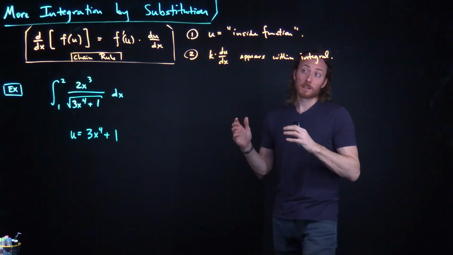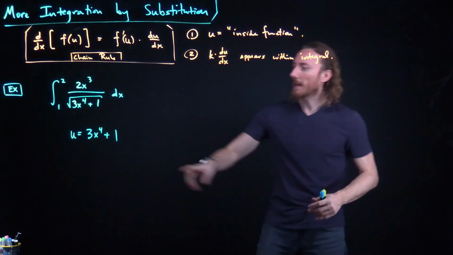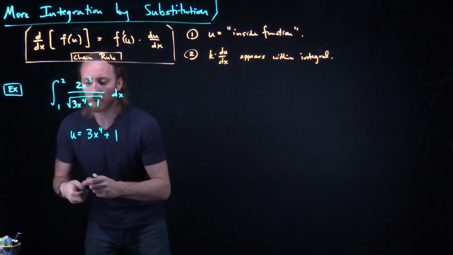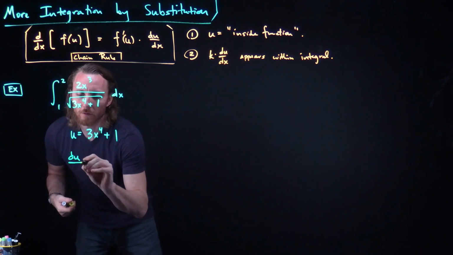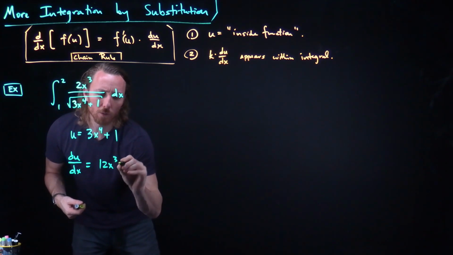Does some constant multiple of the derivative of u appear within the integral? Well, taking a look at the derivative of u, if we compute this out, the derivative of u is just 12x cubed.